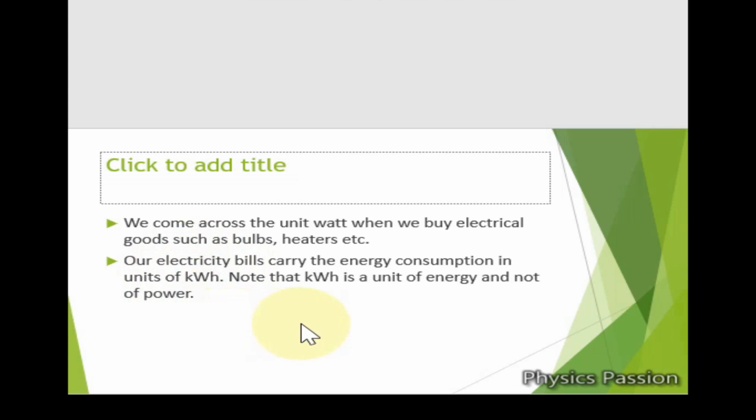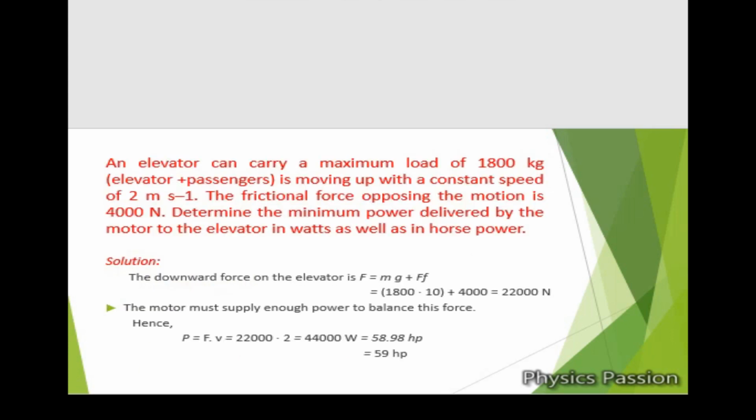Fine. So now I have a problem on power. First of all, I will read this problem. An elevator can carry a maximum load of 1800 kilogram. Elevator plus passengers, both the weights are involved in this 1800, is moving up with a constant speed of 2 meter per second.